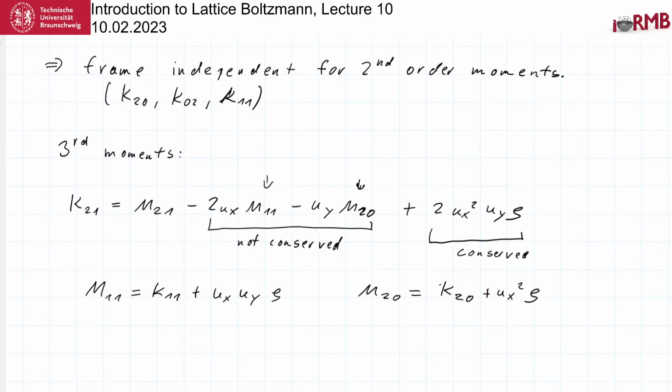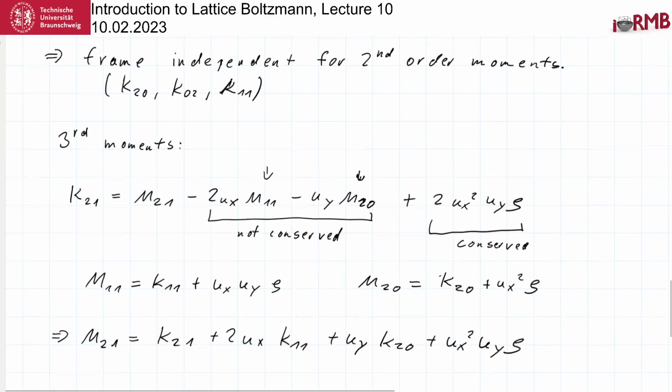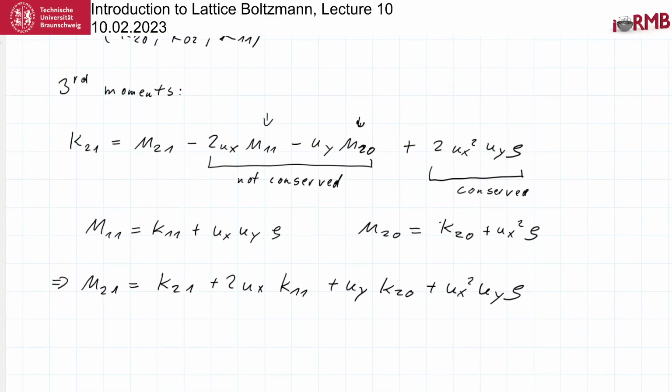We plug this in, and then we can solve this for M21, which is K21 plus 2ux K11 plus uy K20 plus ux square uy rho. This is the result if I express my raw moments completely in terms of central moments and the velocities. Now we need to look at what happens in MRT.